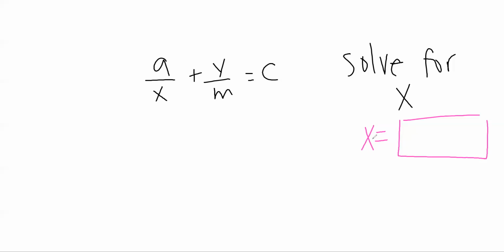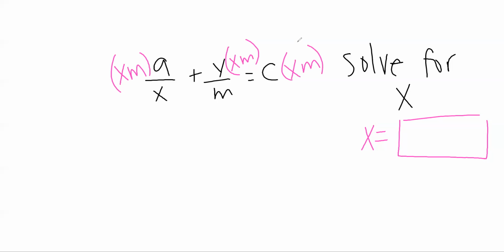So I'm going to have x on one side and the 4 other variables written as some type of expression over here. What I have to do first is look at the fractions. With the rules of fractions, when you're adding fractions, you have to have a common denominator. My common denominator is going to be xm, so I'm going to multiply every single term by xm.